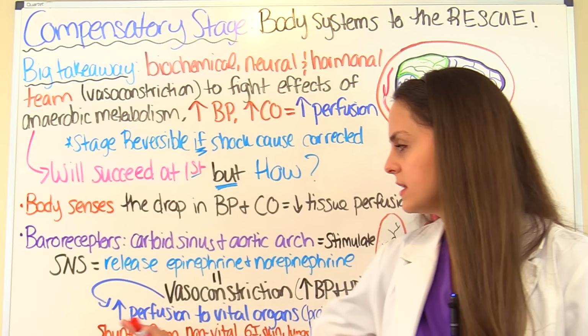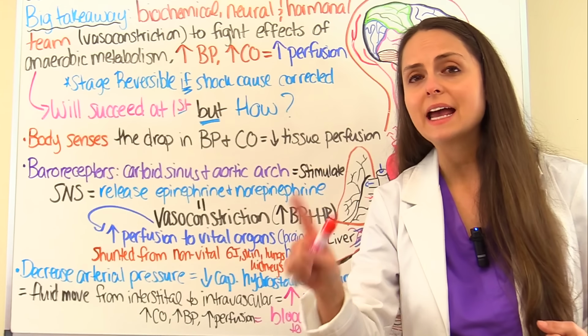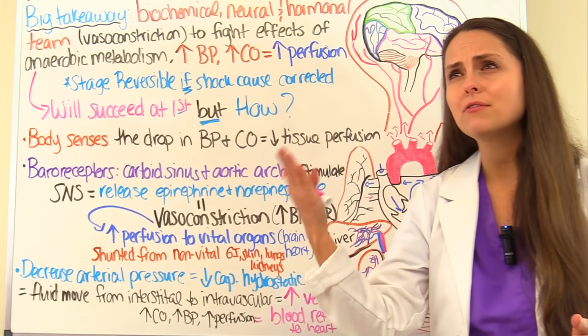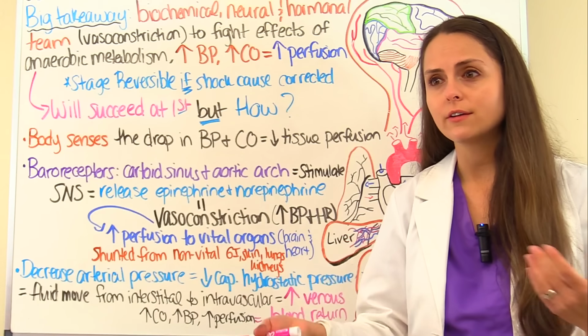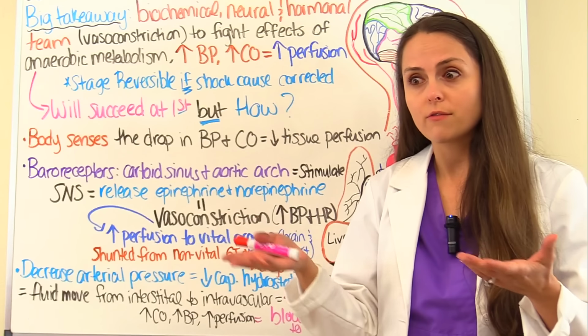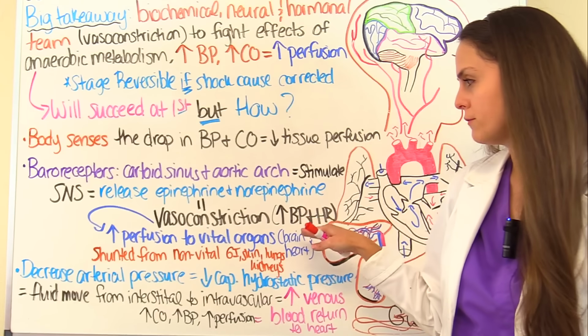Now, with this increased perfusion, the body knows that first we need to take care of our vital organs, which is our heart and our brain. Because if we don't have a brain that works and we don't have a heart that works, what's the point? All these other structures can't survive without those. So we need to preserve function to them first, so they get more perfusion.